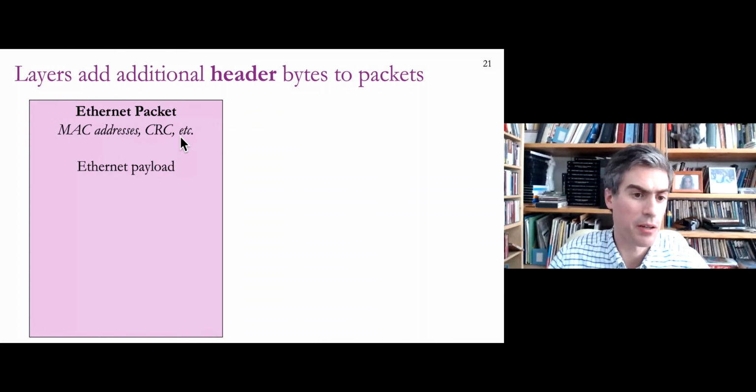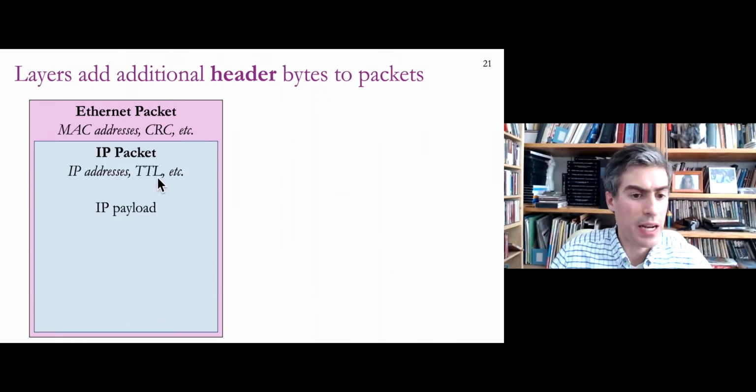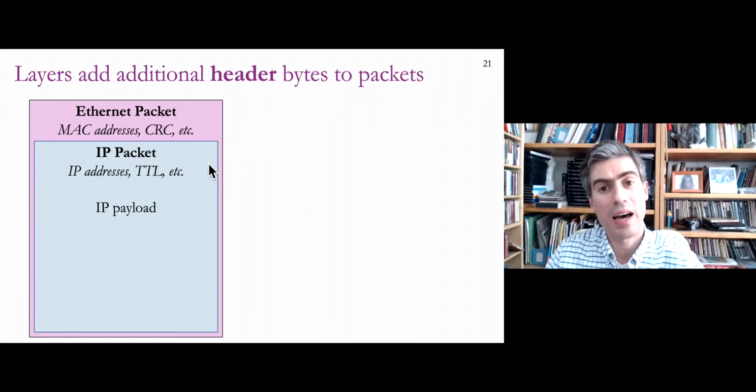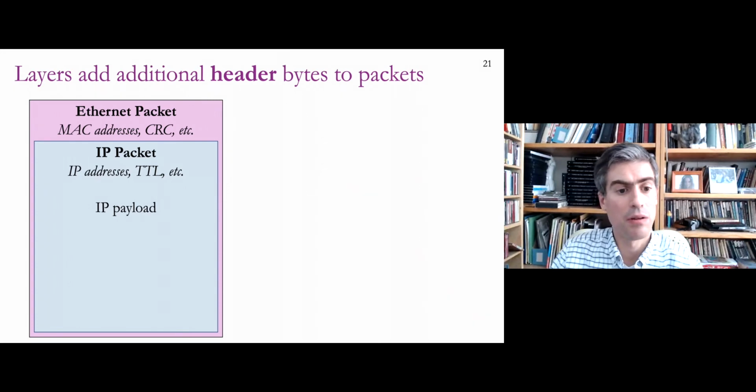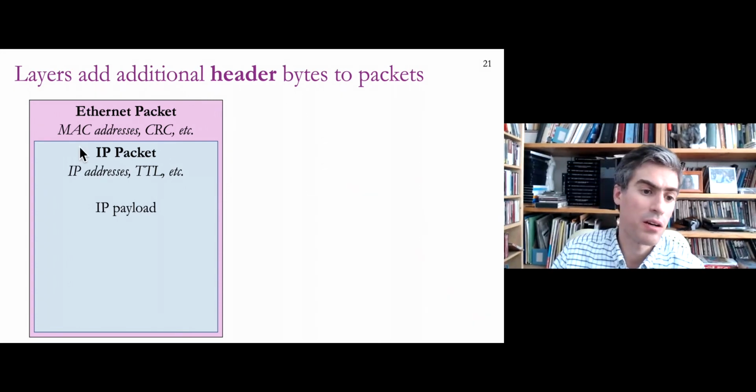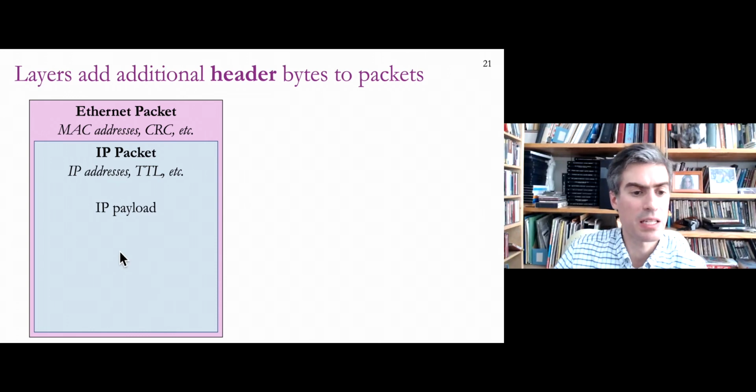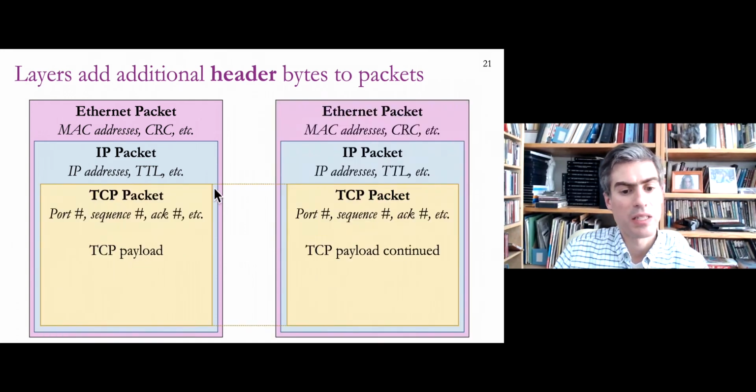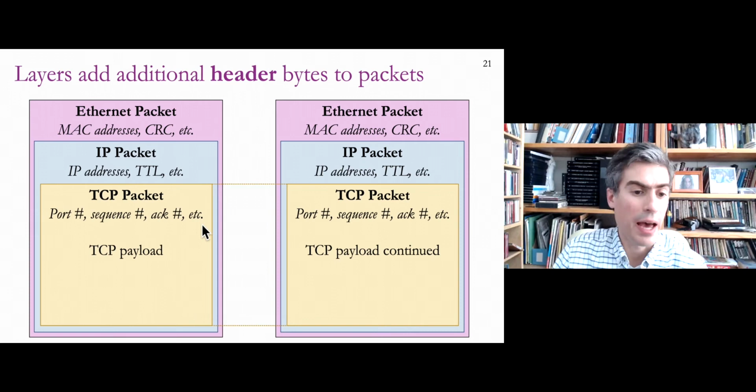There's a header for that, and there's a payload for the data you want to send. But that data is an IP packet, which is the next higher level in the protocol stack. The payload here is an IP packet that includes IP headers, which are things like IP addresses and other stuff, and then an IP payload, which is the data you want to send. But that data is not just data, it's a TCP packet. Technically, terms other than packet are usually used, but I like to just call them all packets.